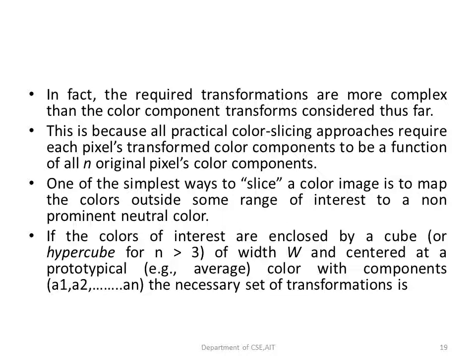So what we can do is slice a color image so that it maps the colors outside some region of interest to a non-prominent neutral color. If the colors of interest are enclosed by a cube, or a hypercube for n greater than 3, of width W, centered at the color with components a1, a2 up to an, then the necessary set of transformations can be written.